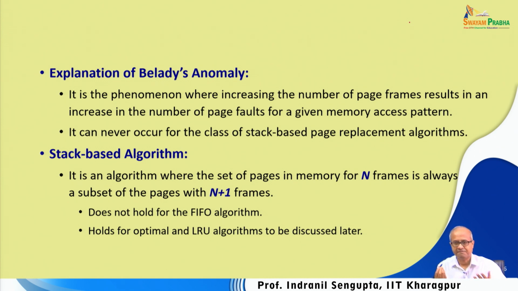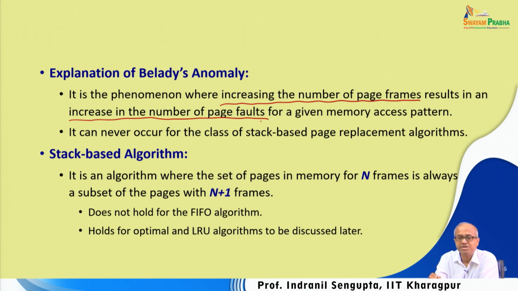It is a phenomenon, or an observation, where increasing the number of page frames results in an increase in the number of page faults, which we are normally not expecting. We are expecting the reverse. As the page frames increase, page faults should decrease, but we are observing a different behavior here.